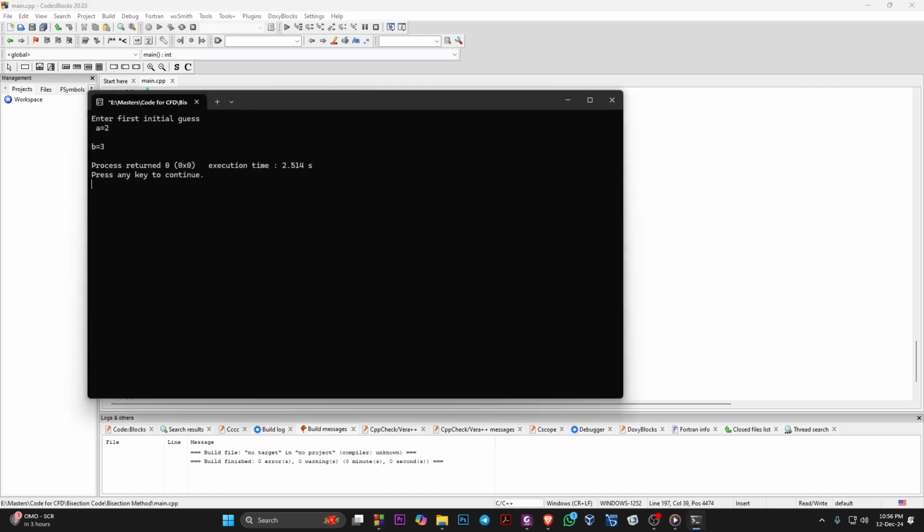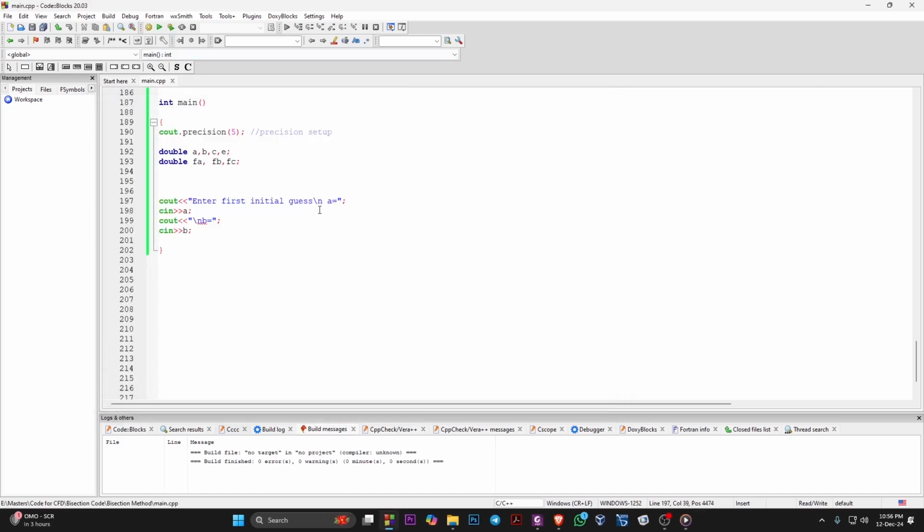Two, three. Okay. This is my initial guess, I'm going for further. Here was my while loop.